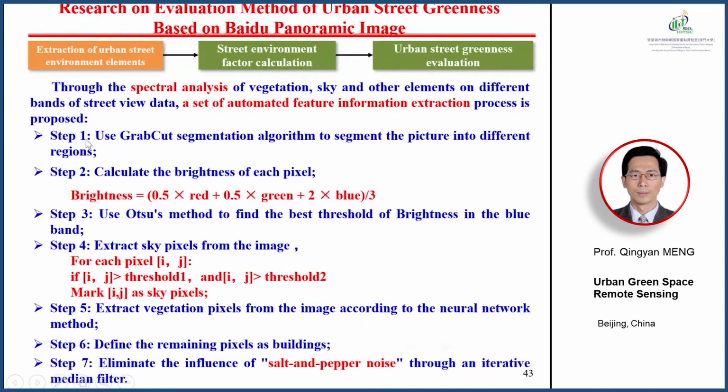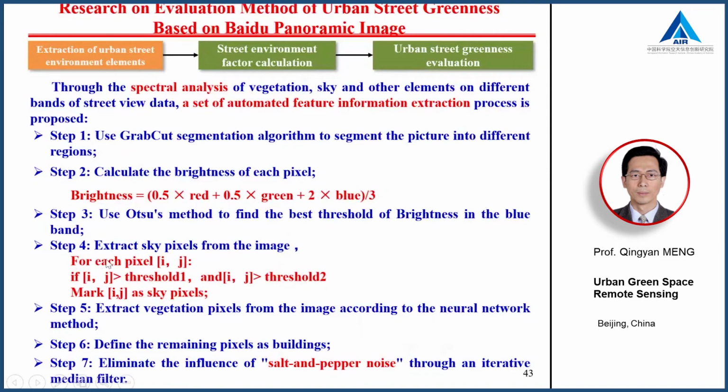This is step 1, step 2, to calculate the brightness of each pixel, and step 3, use the OTSU's method to find the best threshold. I have introduced that just now.